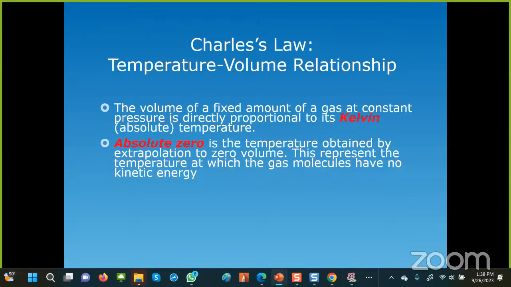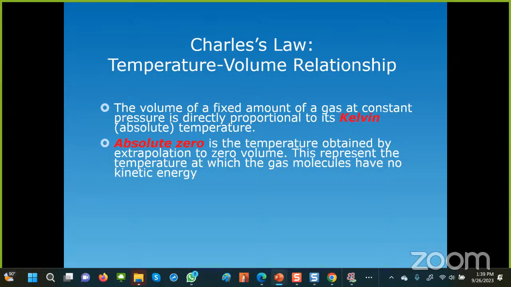You have translational energy, you have rotational energy, and you have vibrational energy, right? So if you have a gas under normal room temperature conditions, these are the three types of energies that the gas particles will have. But if you can imagine lowering the temperature such that the particles have absolutely no kinetic energy of any of these three forms, then that is considered to be what is called absolute zero, right?